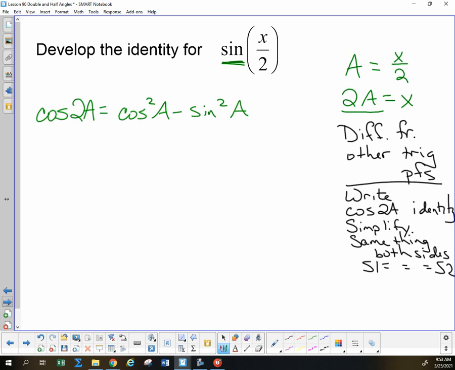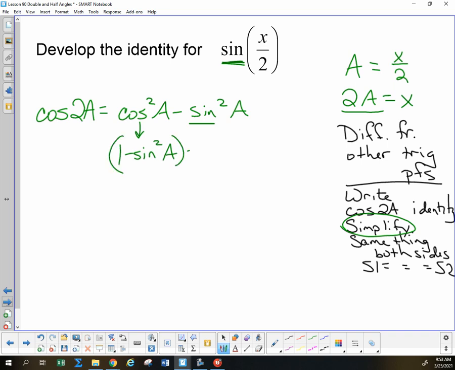So I want to keep sine in here, and I'm going to change cosine squared to something that means the same thing. It may not really be making it simpler, but it's replacing it with something that means the very same. We know that cosine squared is 1 minus sine squared a.